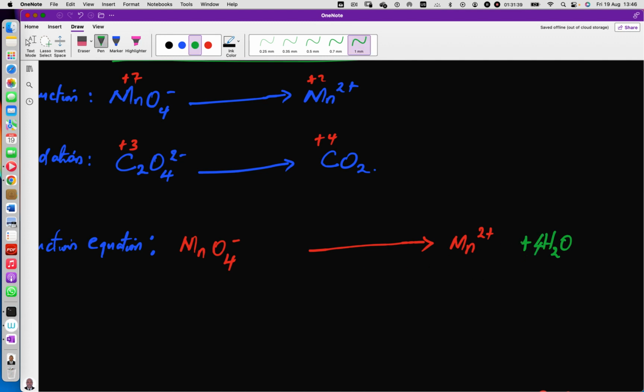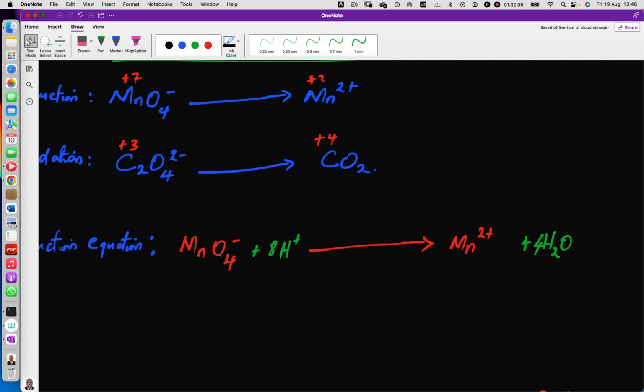Now we have to balance the hydrogen, and hydrogen is only balanced using a proton. So we'll use plus a proton, that is hydrogen ion. Now, there are 8 hydrogens here, 2 times 4, there are 8. So we need to put an 8 here. That one is okay. That one is done.